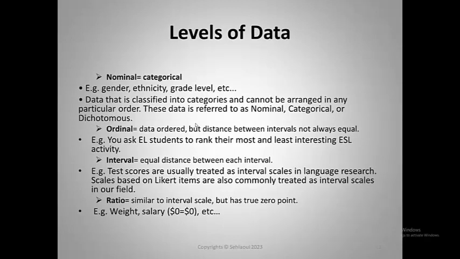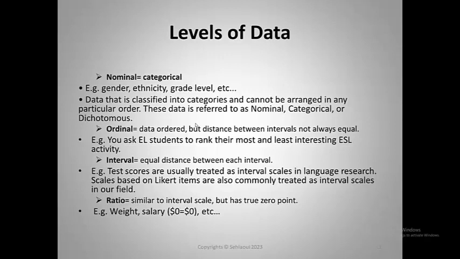Okay? Levels of data now, and types of data that you are dealing with. Your data can be nominal or categorical. For example, gender is nominal or categorical, as are ethnicity and grade level. This is data that is classified into categories and cannot be arranged in a particular order. This data is referred to as nominal, categorical, or dichotomous.